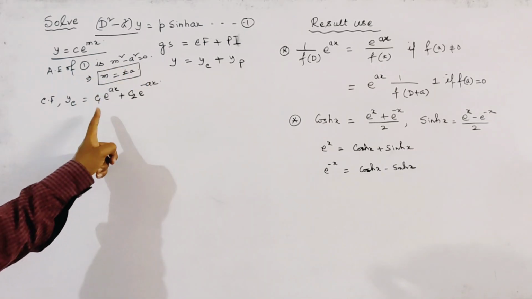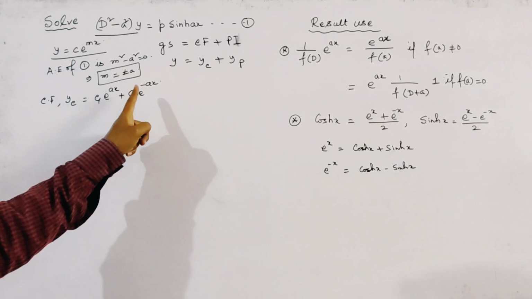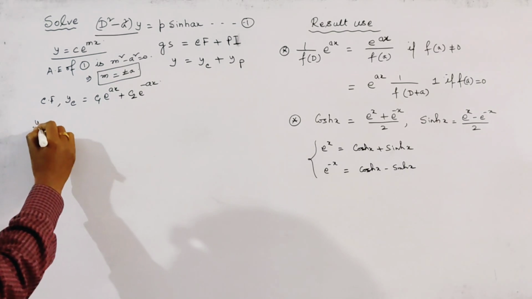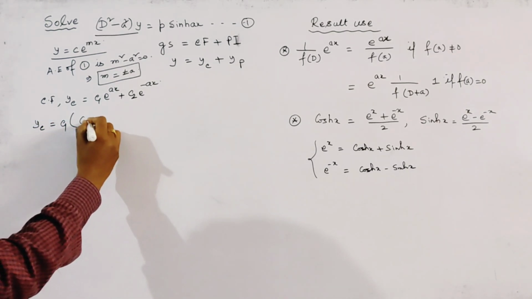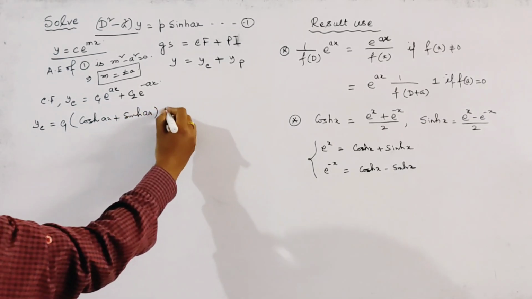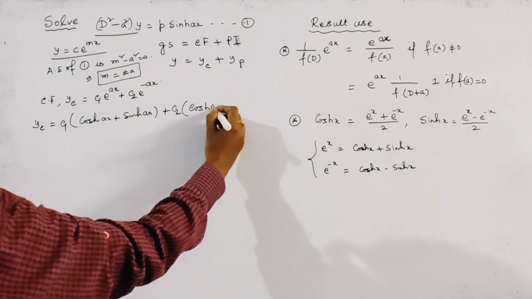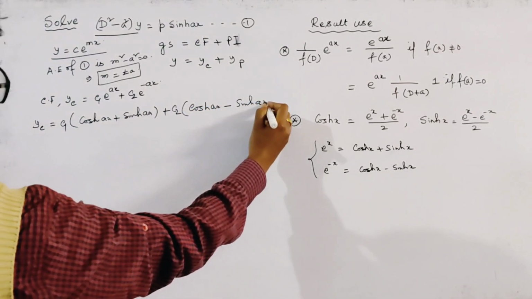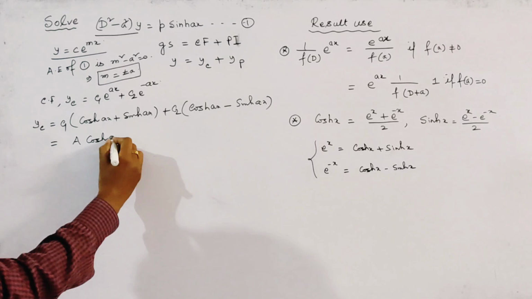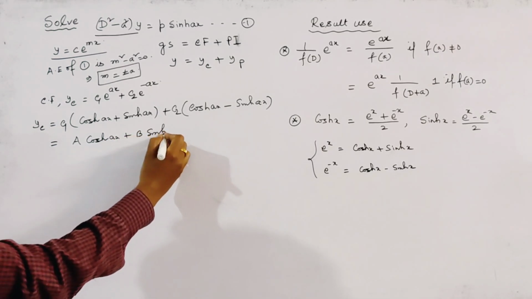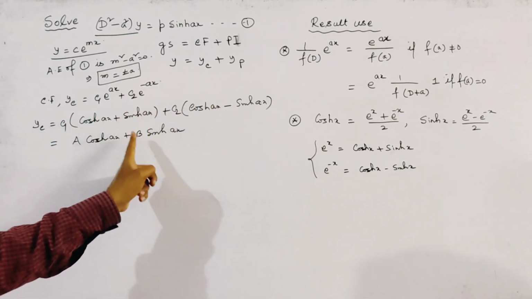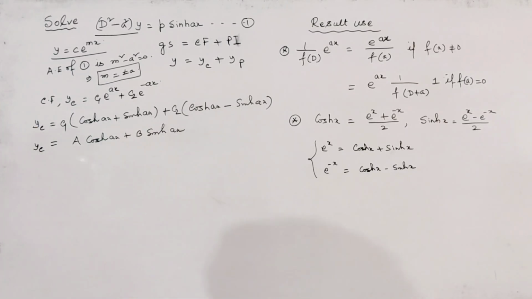Now if we write e to the power ax and e to the power minus ax using this formula, then yc is c1 into cosh ax plus sinh ax, plus c2 into cosh ax minus sinh ax. Arranging the terms, we can write this as a cosh ax plus b sinh ax, where we put c1 plus c2 as a, and c1 minus c2 as b. This is yc.